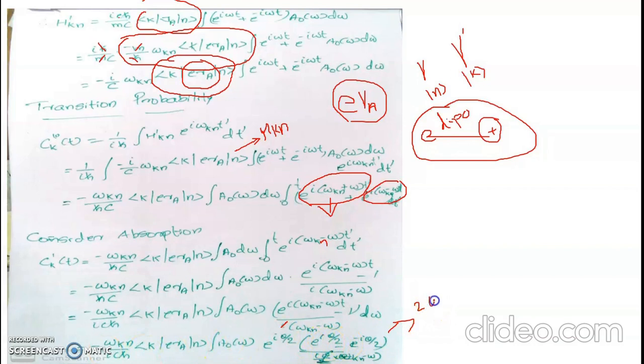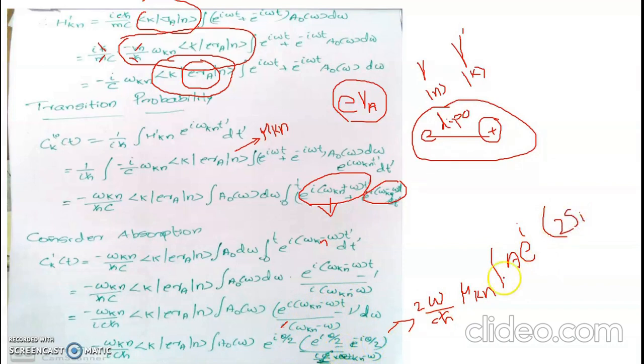2 omega kn, I have written only omega here, divided by c h cross, this transition dipole moment mu kn, integral a0 of omega d omega, e raised to i theta by 2 into, where theta is omega kn minus omega into t, again e raised to i theta by 2 minus e raised to minus i theta by 2, that is being written as 2 sin theta by 2.